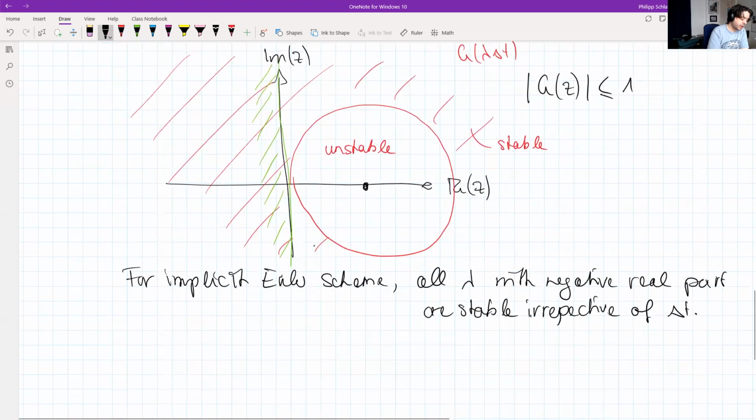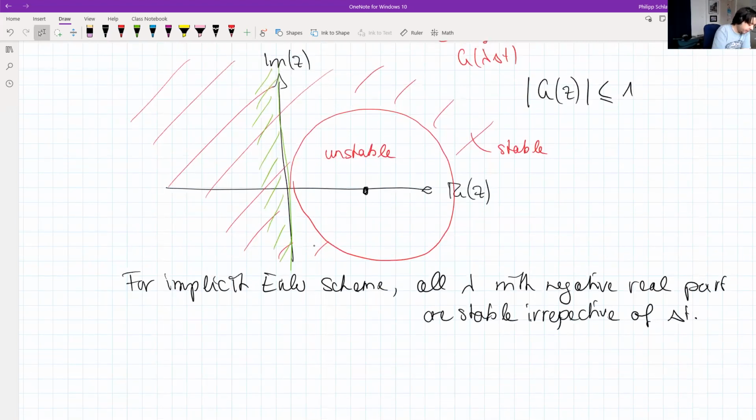That's actually an expression or a definition for that, which I just very briefly mentioned. It's not extremely relevant for us, but such a scheme that integrates all the analytically stable values of lambda in a stable way is called A-stable. It's an A-stable scheme, or an absolutely stable scheme.